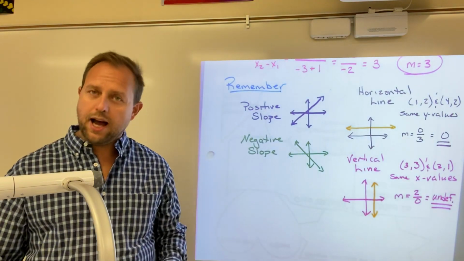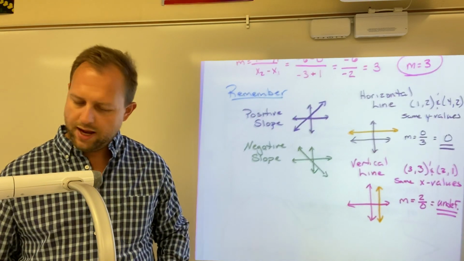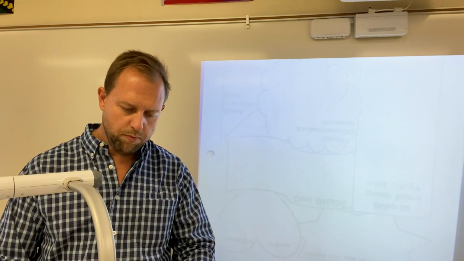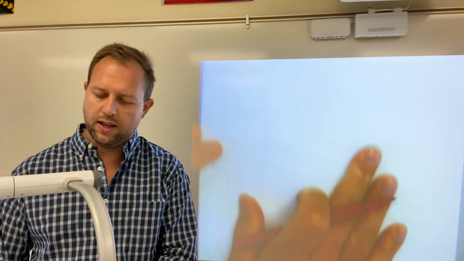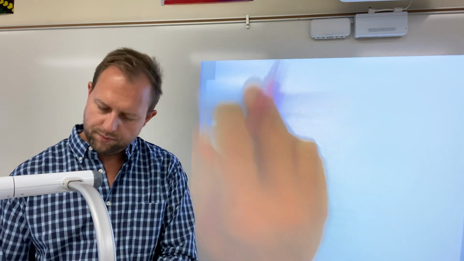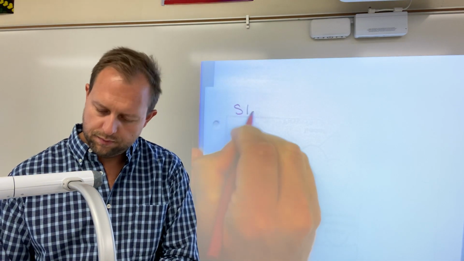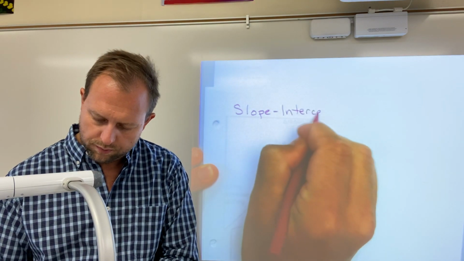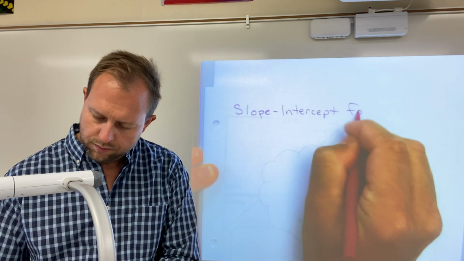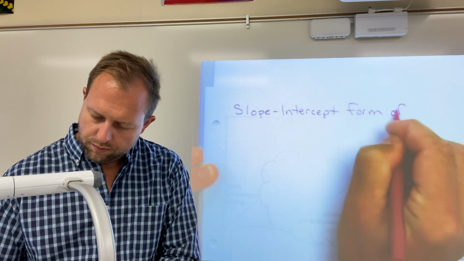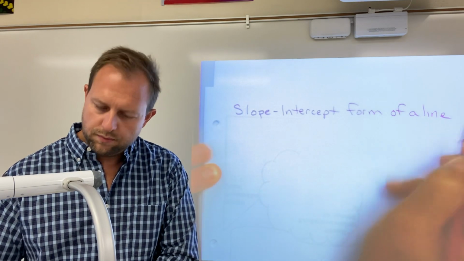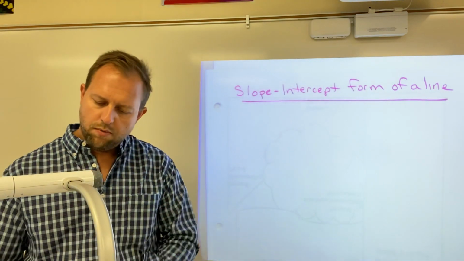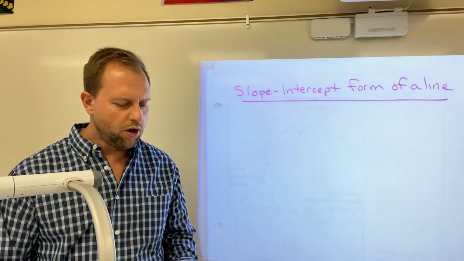The last topic we are going to cover today is the slope-intercept form of a line. Remember, the slope-intercept form is the one we're all familiar with.